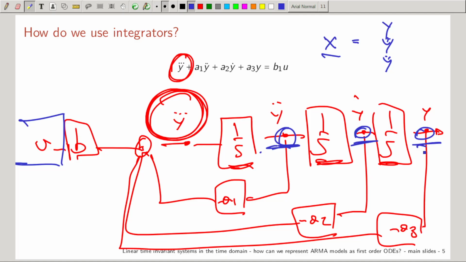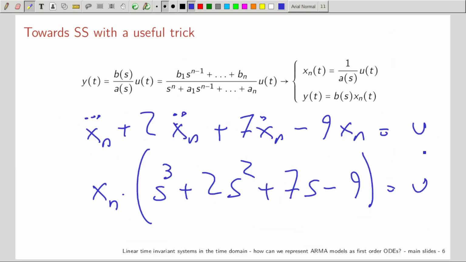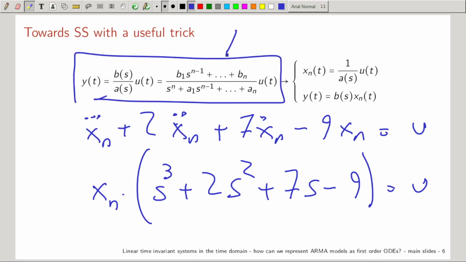And the state is what I need to forecast. Are we together? So the states from an ARMA follow a chain of integrators. Perfect. I'm using this trick of taking an ARMA written in Laplace and dividing it into a state that is an autoregressive part plus a moving average part. That is the moving average part.